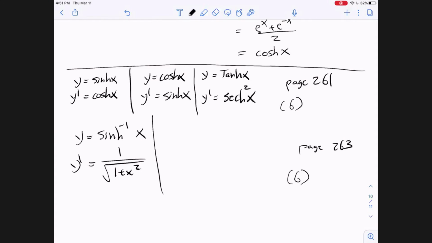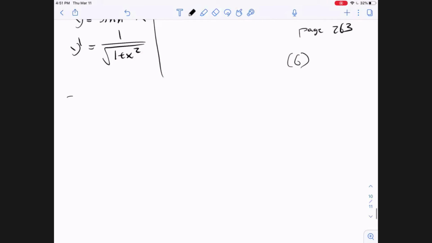And so let's do a problem so I can just show you how it's done. Once you refer to page 261 and 263 for the derivatives of these guys, you just do number 32, let's say, for example. Let's say I ask you to take the derivative of g of x equals the cosh of natural log of x. So what kind of function is this? This is the hyperbolic cosine function, right?